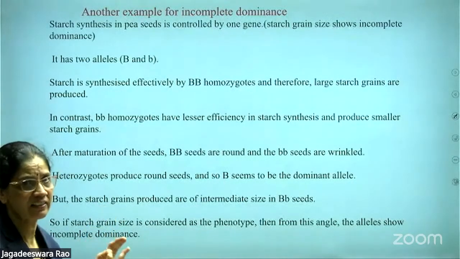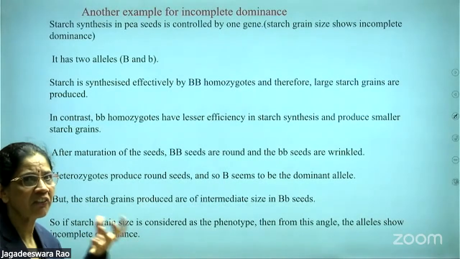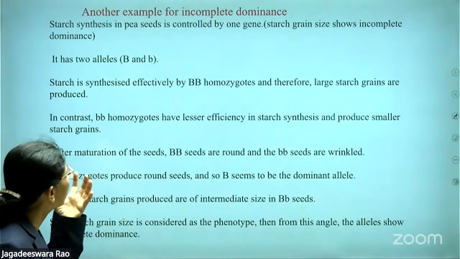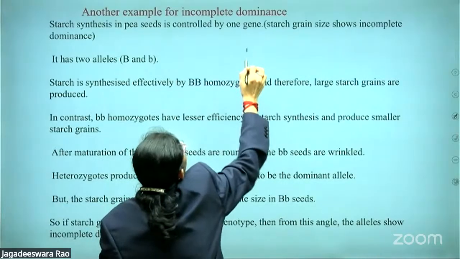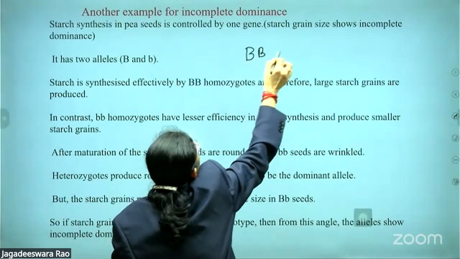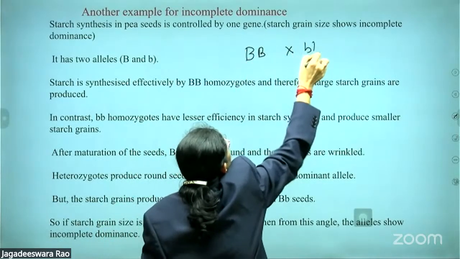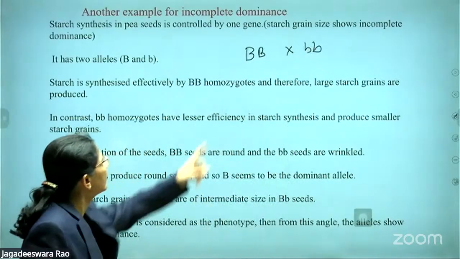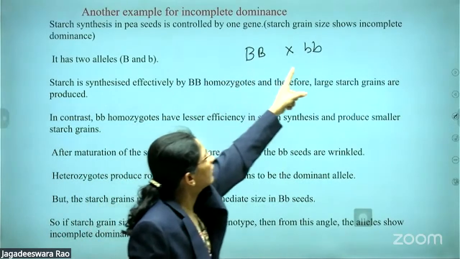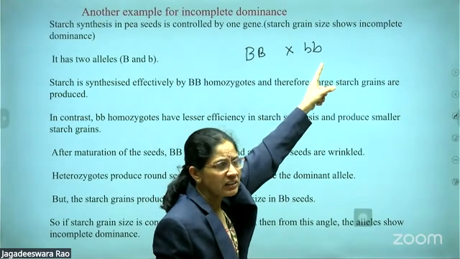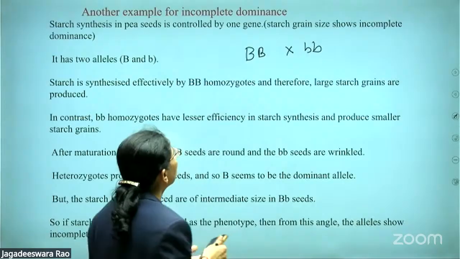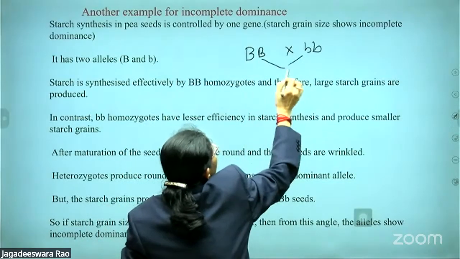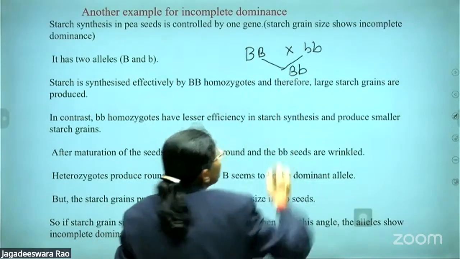Starch grain size varies in different plants. When we cross the bigger, that is capital B, with small b, that means a plant with bigger size starch grain is crossed with a plant having smaller size starch grain, then we get a medium sized starch grain, that is capital B small b.